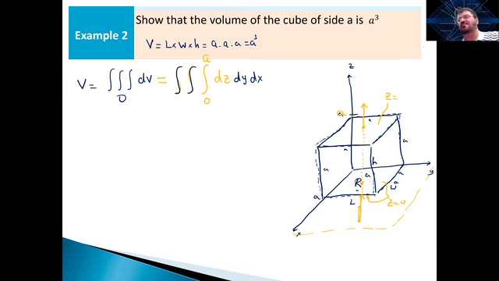This is our base R. I will take it here in the xy plane. And on the x, it's a, and on the y, it's a. So you see this xy plane, this base here. This is the base on the xy plane. I'm taking it, here it is.